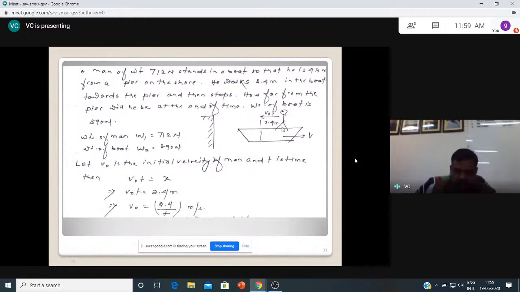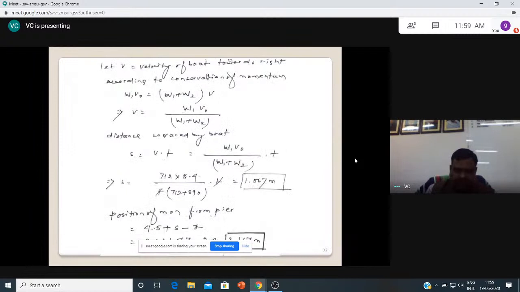From that you have to subtract, he is moving 2.4 meters. This is the boat movement towards the right side direction, that is s is equal to 1.067 meters. Position of the man from the fire is 4.5 plus s minus x. Okay, this is how we can determine.